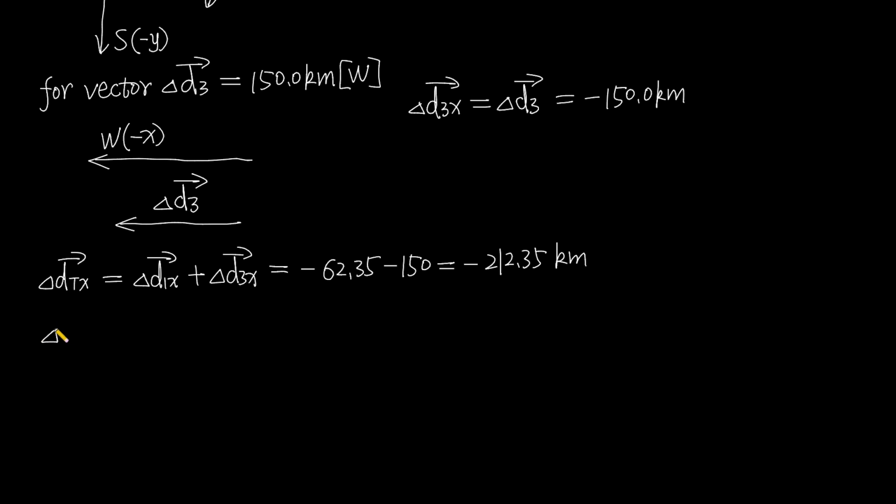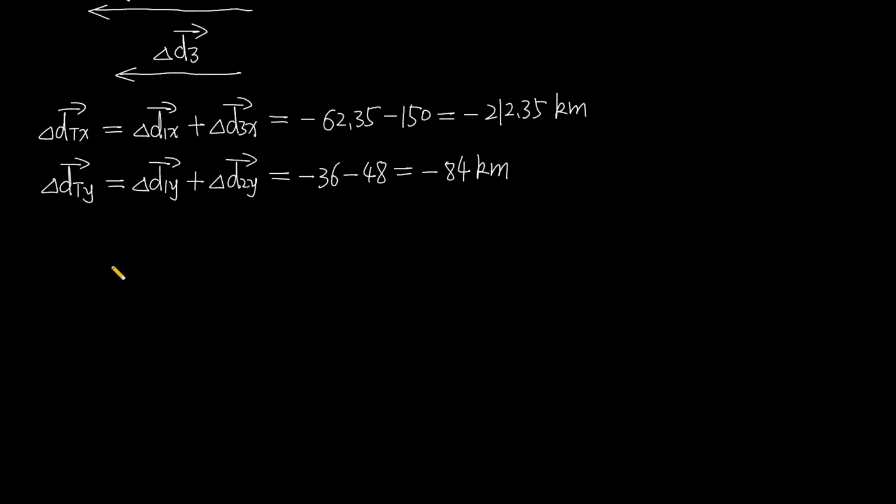And the vector delta DTy just equals the vector delta D1y plus the vector delta D2y, and equals negative 36 plus negative 48, and equals negative 84 kilometers.